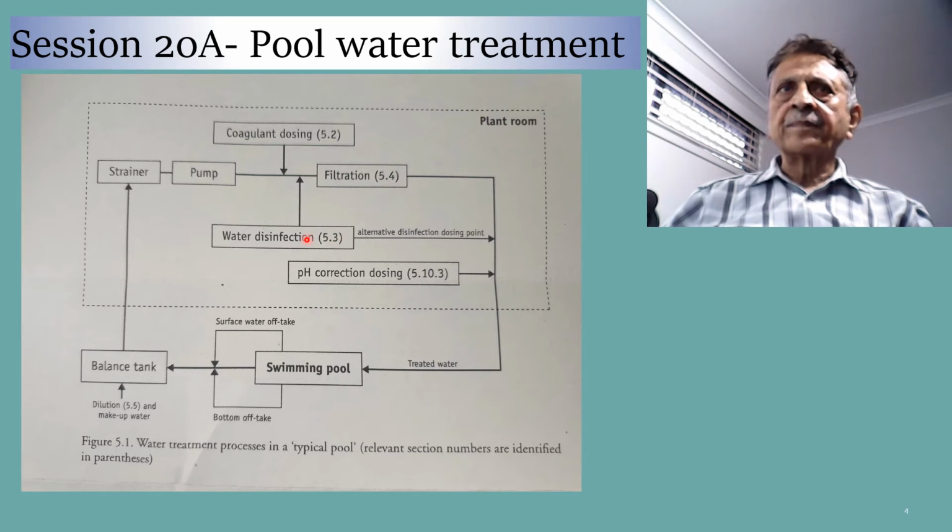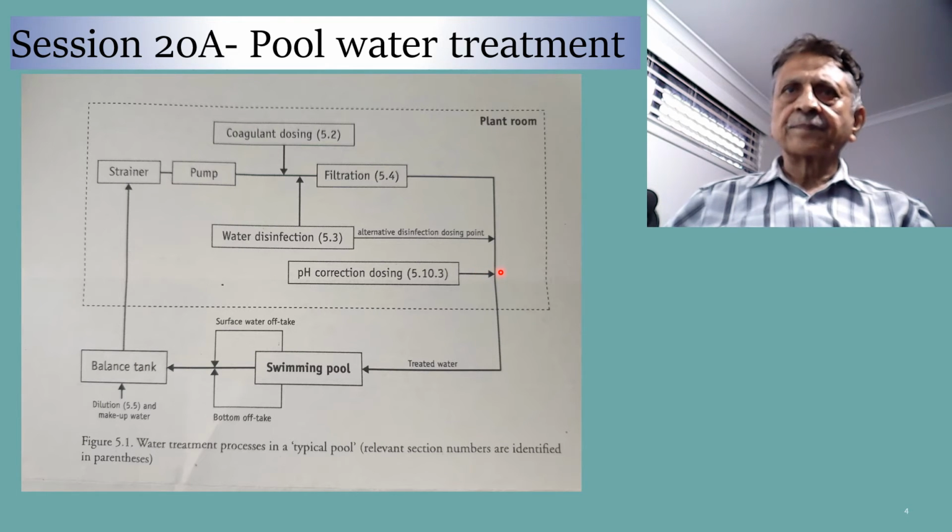At the same time, a sample of water is taken at several points, particularly after filtration, to ensure that the pH and the chlorine content is within the specifications stated by the council. The pH is also corrected to ensure the pH is between 7.2 and 7.6.